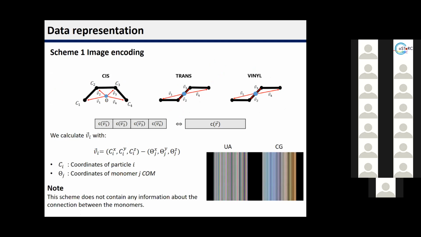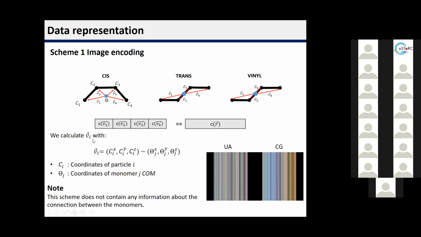Now let's see some details about data representation. For this scheme, we take the relative positions of the united atoms with respect to the monomer center of mass. We call those vectors VI.